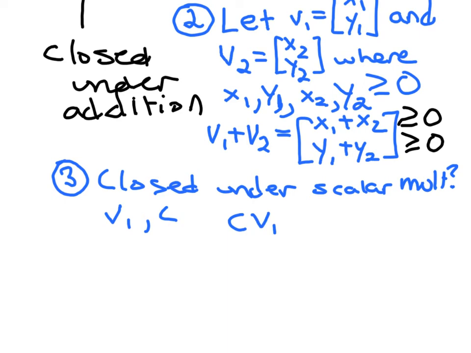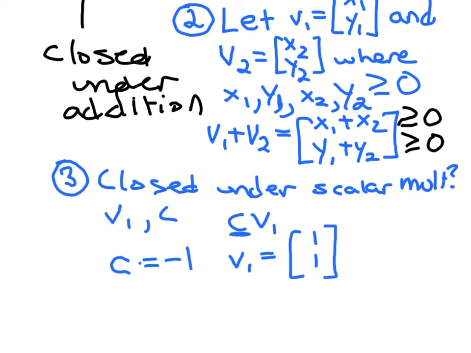If we want to show that yes, c times v1 would always be in W, then we have to take just a generic scalar c. But to show that this condition fails, we can take a specific scalar, I'll use -1, and a specific vector v, I'll use (1, 1).